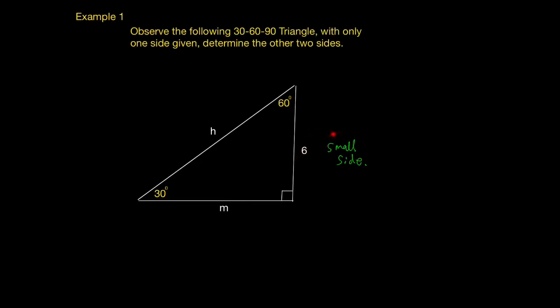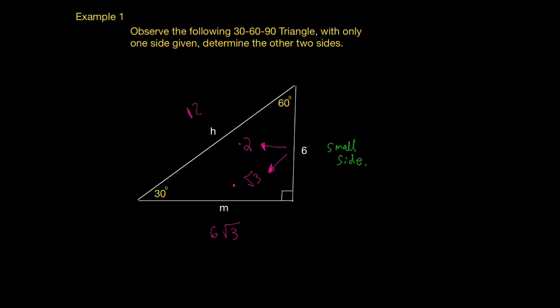So starting at the small side, to get to the hypotenuse, I'm going to have to multiply times 2. And 6 times 2, that's going to give us 12. To navigate from the small side to the middle side, I can multiply by √3. And 6 times √3, that's just going to be 6√3.